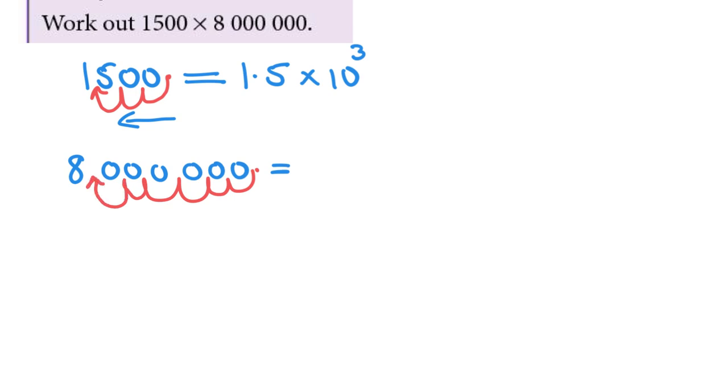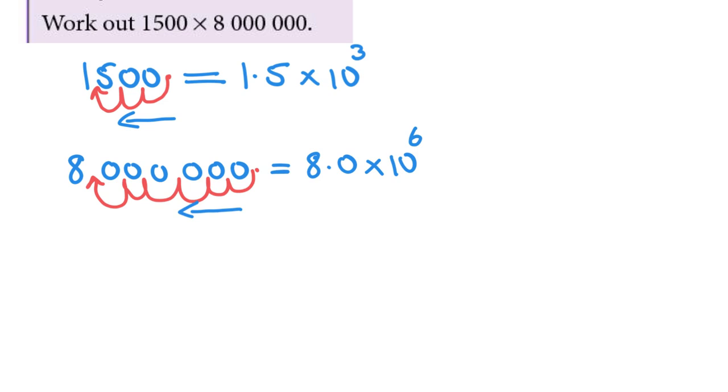So it comes here. So now my number is 8.0 or just 8 times 10 to the power what? Because I shifted left, I'm going to add to the power 6 because I shifted 6 digits. Now we have both the numbers in standard form.